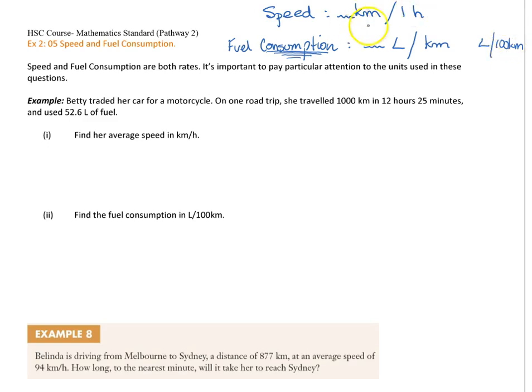The speed is fine because we get a better understanding of a speed of 100 kilometres per hour. If you drove for 1 hour, then yeah, you know that you could cover a distance of 100 kilometres.